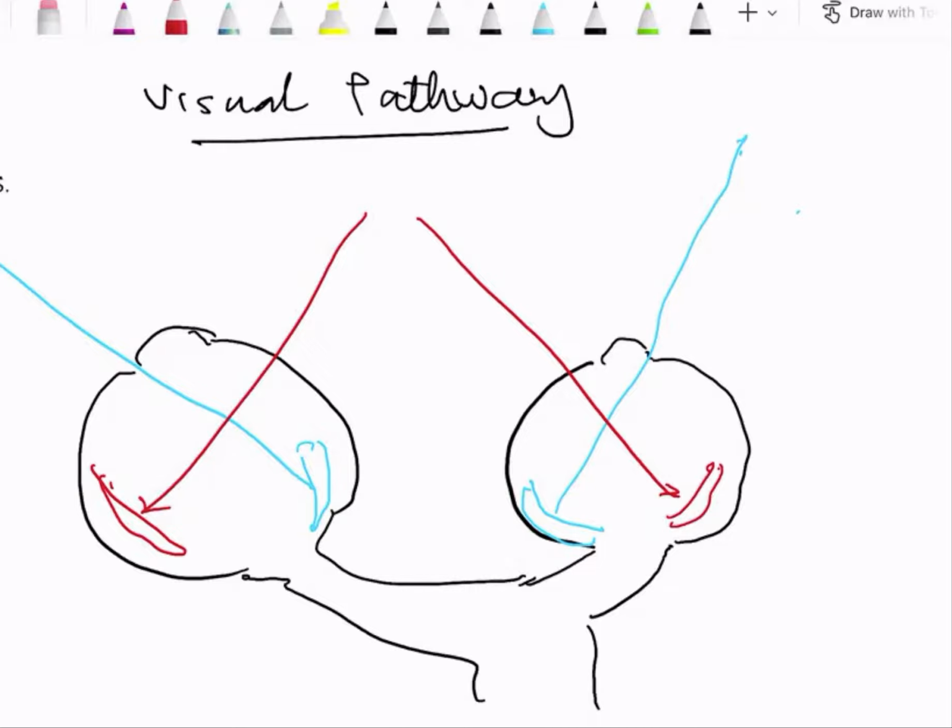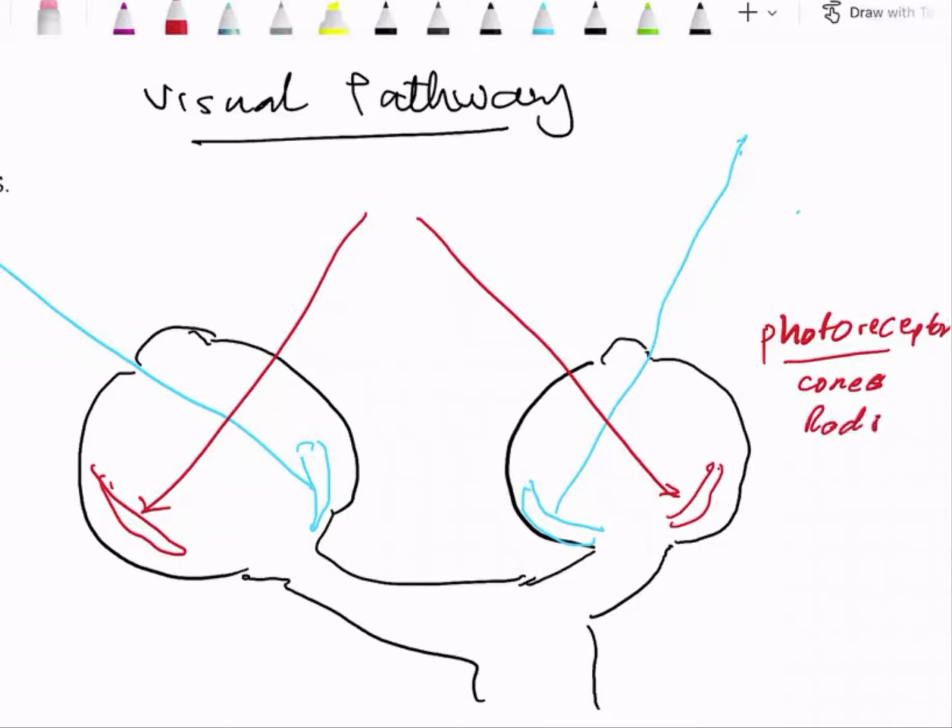The retina has layers, and the main photoreceptor in the outer nuclear layer receives the light. These photoreceptors are the cones and rods.